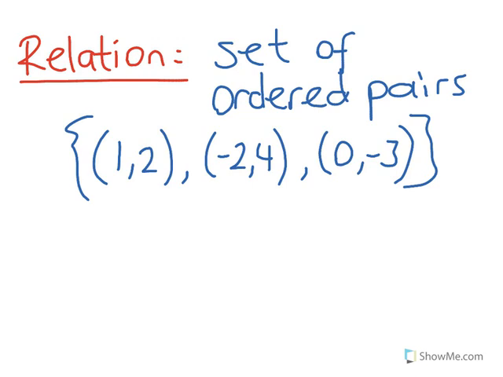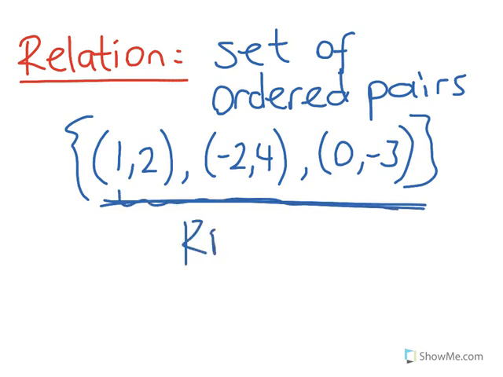So here, what I write as a list of ordered pairs is a relation. So this is a relation. 1 is related to 2, minus 2 is related to 4, 0 is related to minus 3.